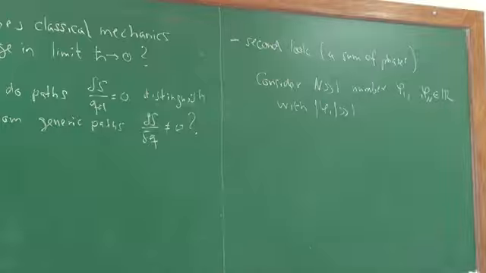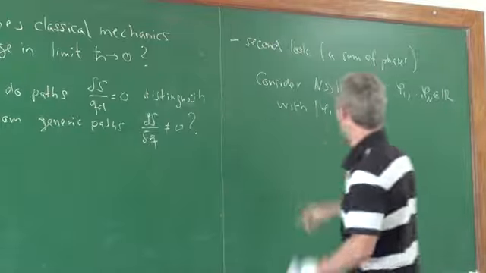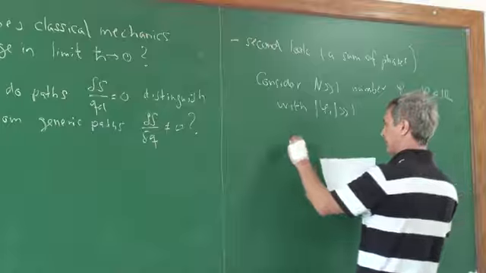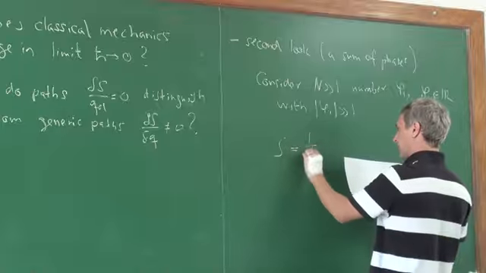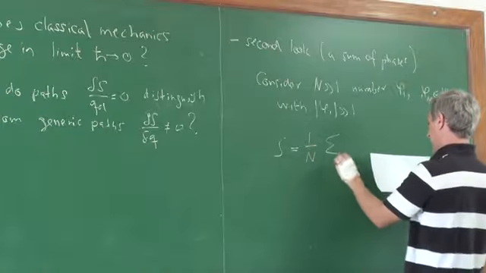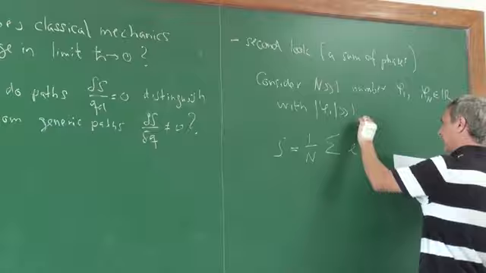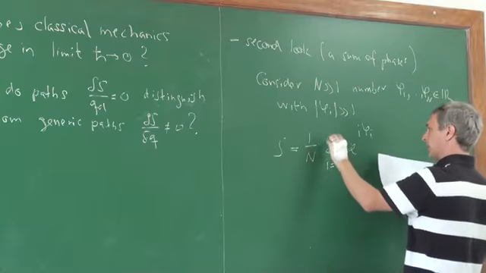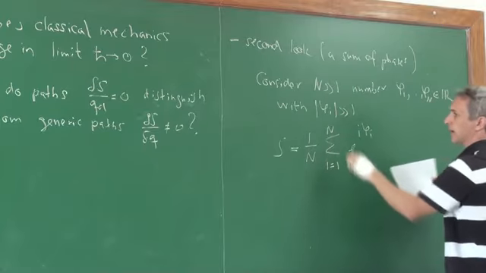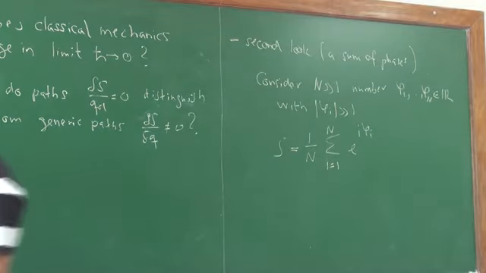We have a sum over paths, and the sum is over phase vectors, j from 1 to n. So here we have actually an infinite sum. What we sum is the exponential of the semi-classical limit large numbers.